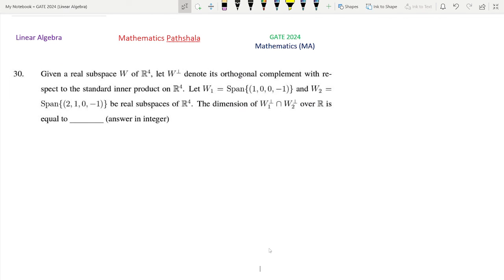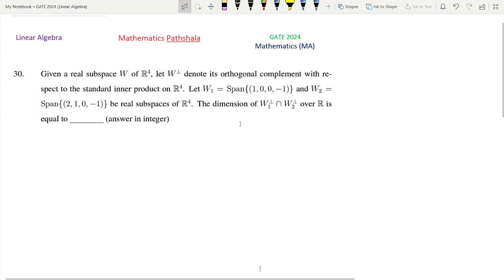Let us first read the question. Given a real subspace W of R4, let W perp denote its orthogonal complement with respect to the standard inner product on R4. Let W1 equal to span of this element and W2 equal to span of this element be real subspaces of R4. The dimension of W1 perp intersection W2 perp over R is equal to this. So this is a numeric question, so we have to solve this question only.